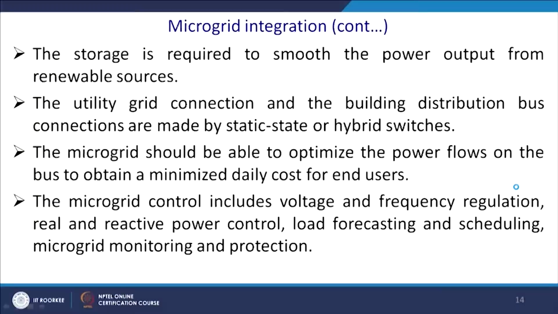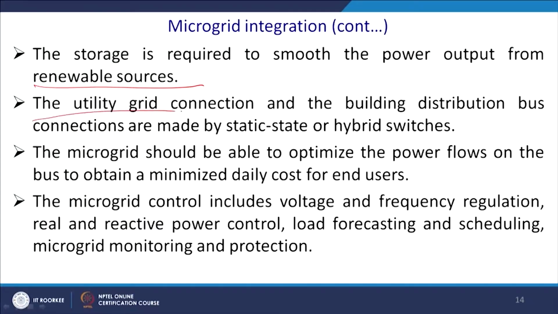And thereafter, since the generation peak of renewable energies and the demand peak, because of the behavioral pattern of human beings, are not the same, for this reason we require power storage. Storage is required to smooth the power output from the renewable energy sources, and you can make a zero peak building like that.